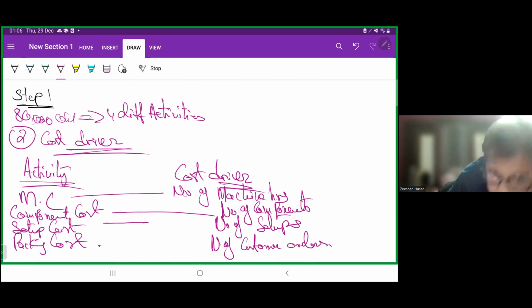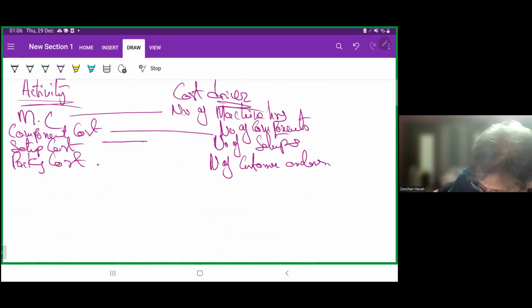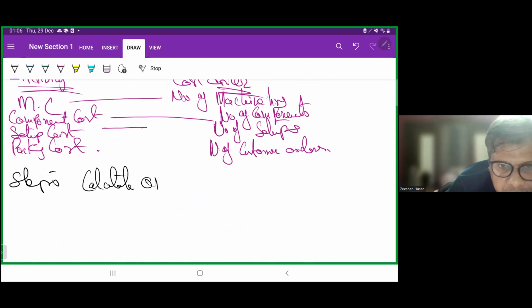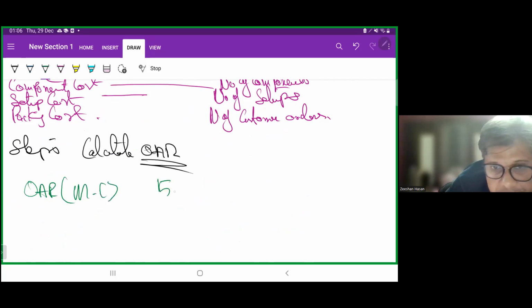Okay, so now the next step, step 3, calculate the overhead absorption rate. The overhead absorption rate for machine cost: 15,000 is given in the question.